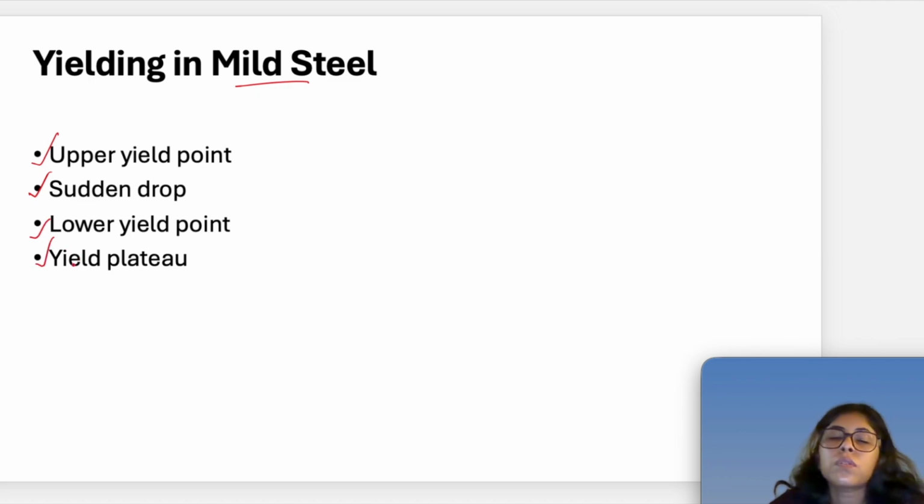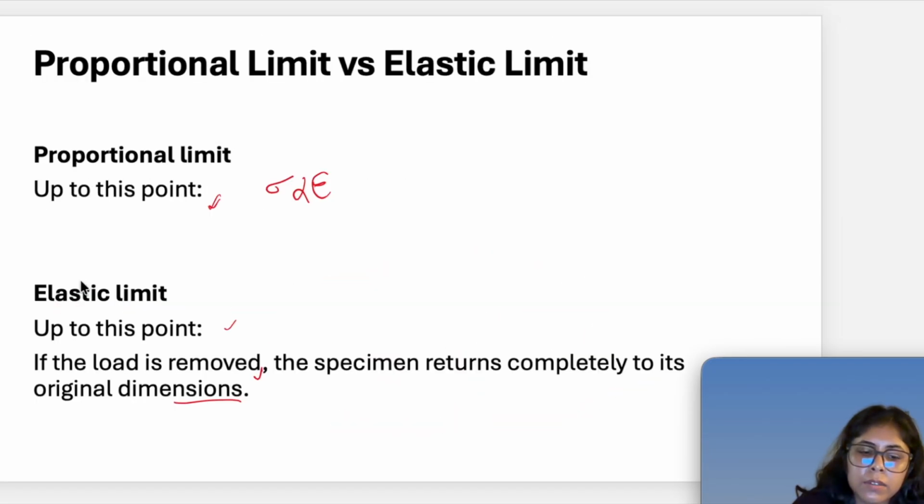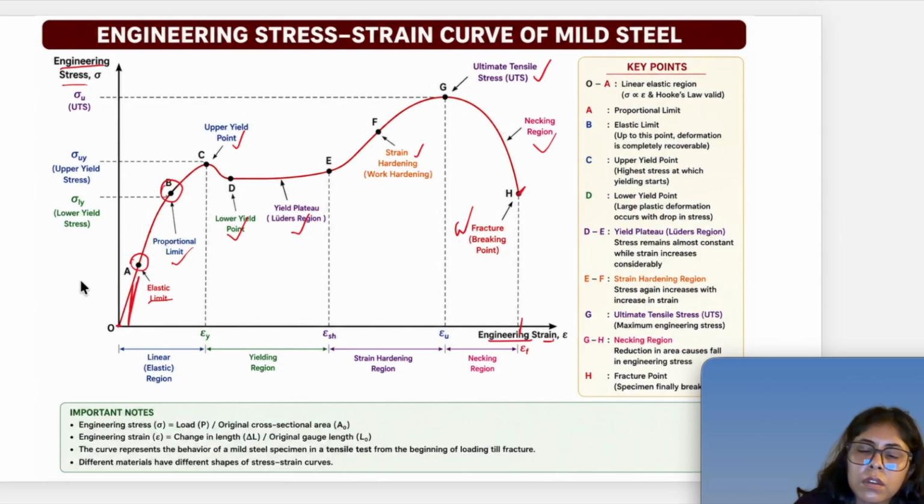Okay, so I want to ask a question: why does the material suddenly deform significantly without a corresponding large increase in stress? Like you can see here, there is an upper yield point, there is a lower yield point, but after this you are not increasing the stress, right?